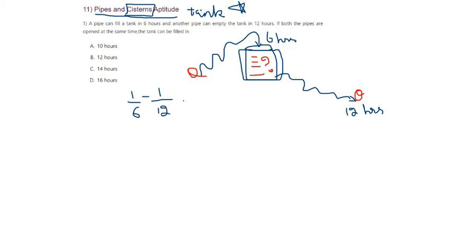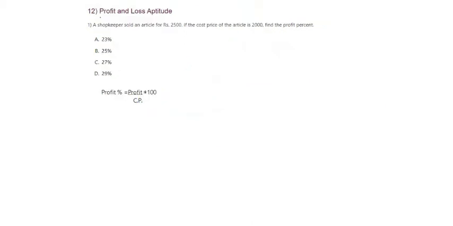Okay, so when you calculate 1 by 6 minus 1 by 12, you will result in 1 by 12. So 12 hours is your total time taken to fill the tank.